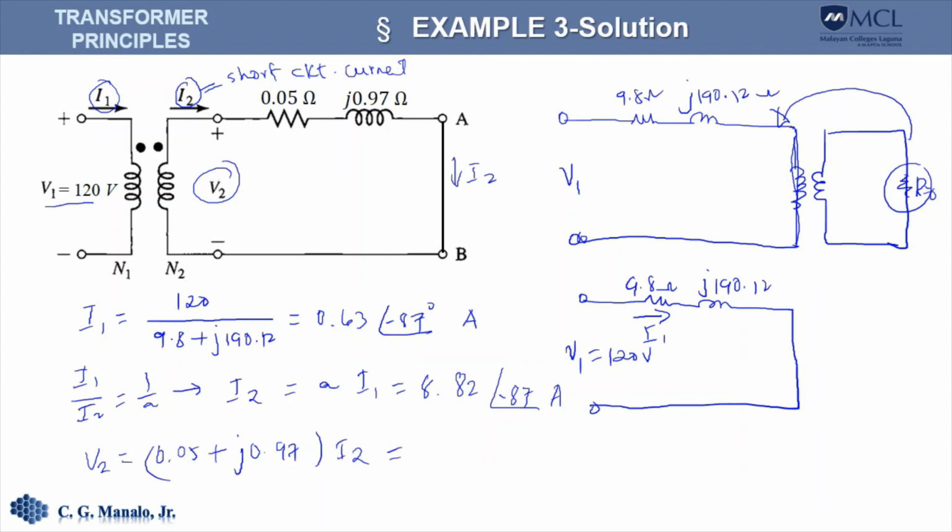That should give us 8.57 angle 0. So the voltage V sub 2 has the same phase as V sub 1, which we assume to be 0 degrees.